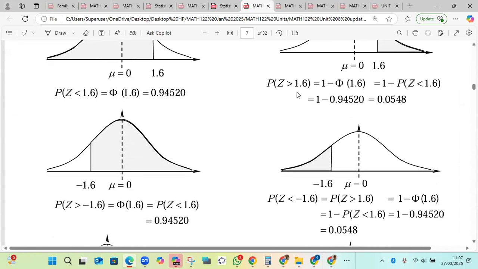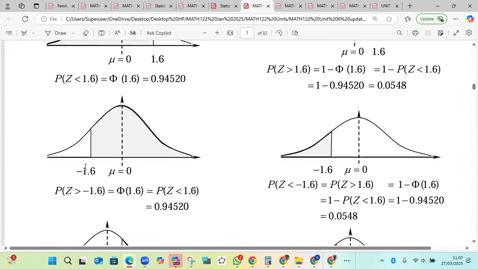So if you want to find, for example, the probability that Z is more than or equal to negative 1.6, that's the same as phi of 1.6 because that's a big chunk. Although it's facing towards the right, seeing that the curve is symmetric, that big chunk has the same value. Remember, we're talking about area. So it has the same area as that same big chunk facing towards the left.